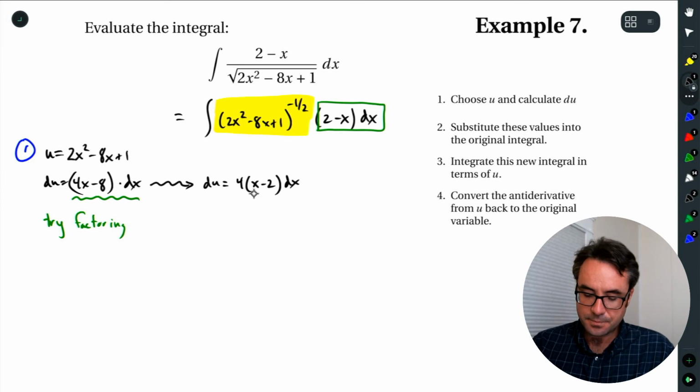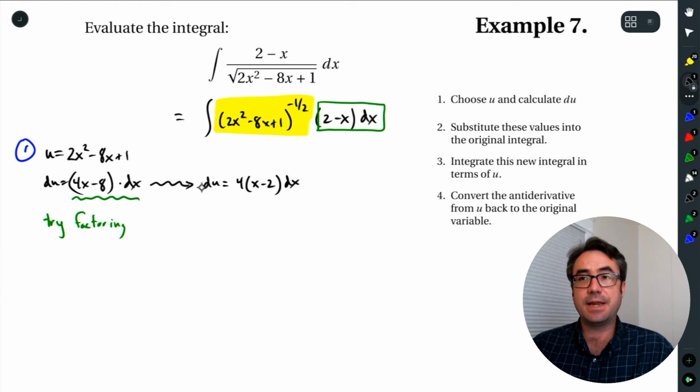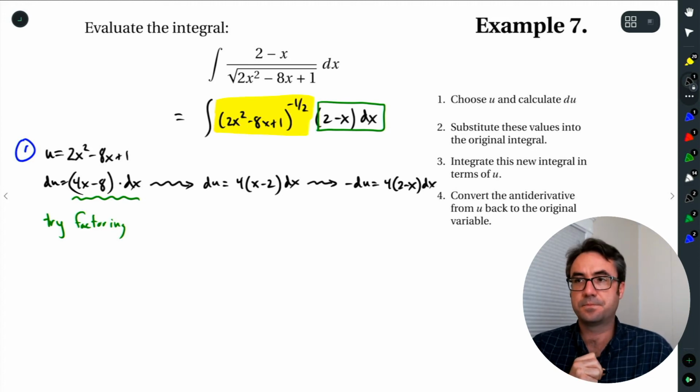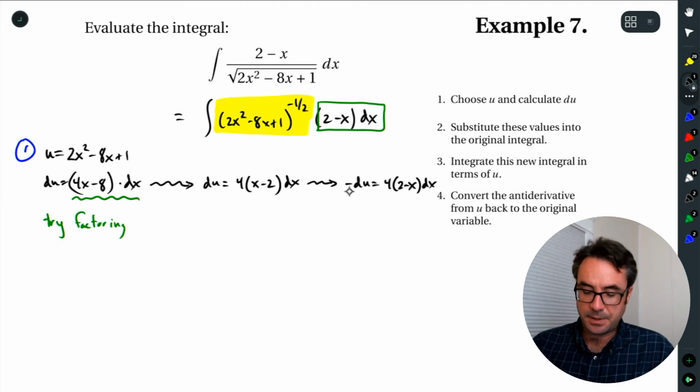So if I multiply both sides of this equation by -1, multiplying by -1 would reverse the order.